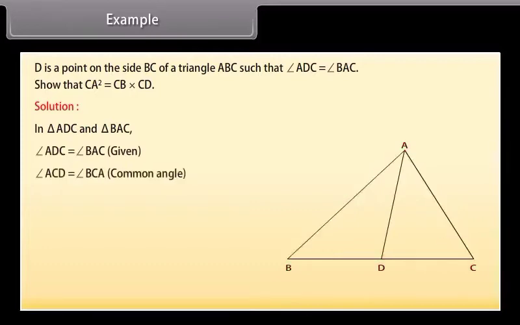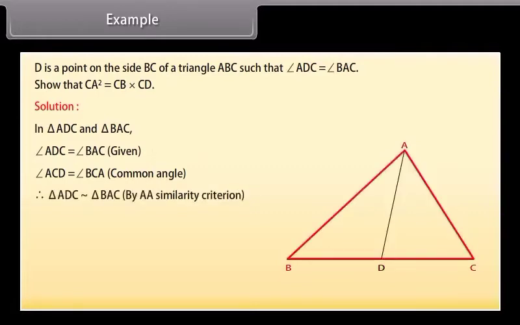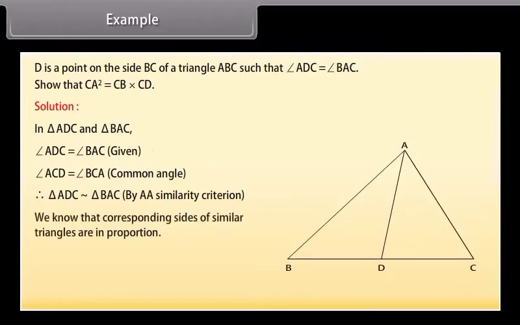Angle ACD equals angle BCA, which is a common angle. Therefore, triangle ADC is similar to triangle BAC by AA Similarity Criterion. We know that corresponding sides of similar triangles are in proportion. Therefore, CA upon CB equals CD upon CA, which implies CA square equals CB into CD.